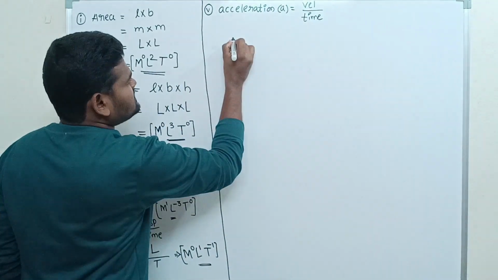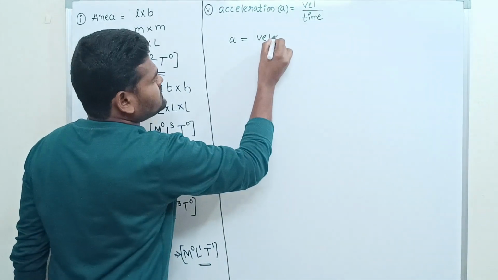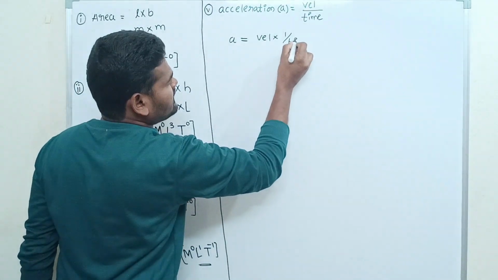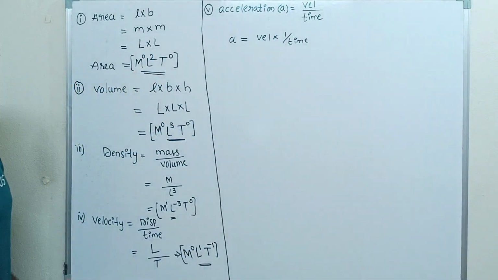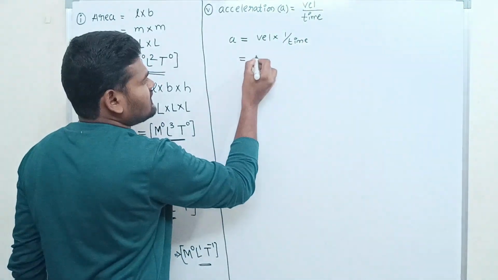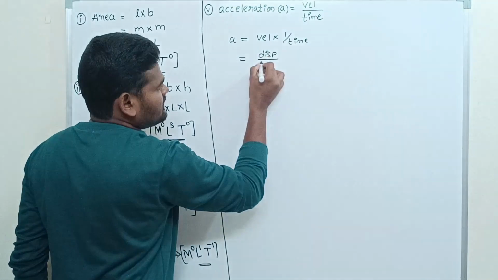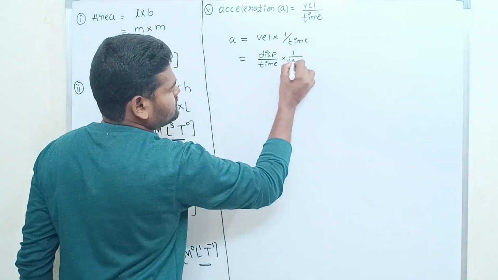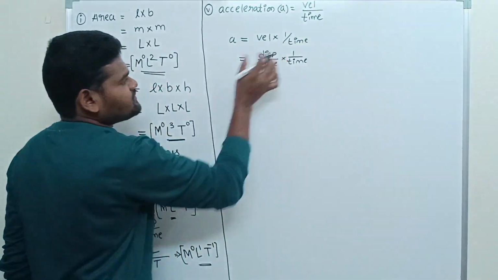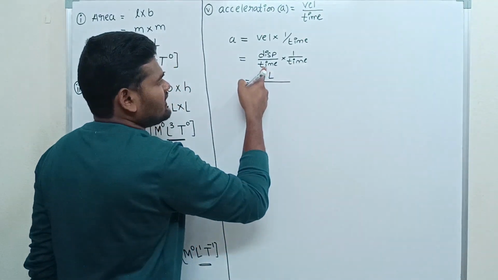So I'm writing acceleration A is equal to velocity into 1 by time. Can I write like this? What is velocity? Displacement by time, into 1 by time. Displacement is measured in length, divided by time.